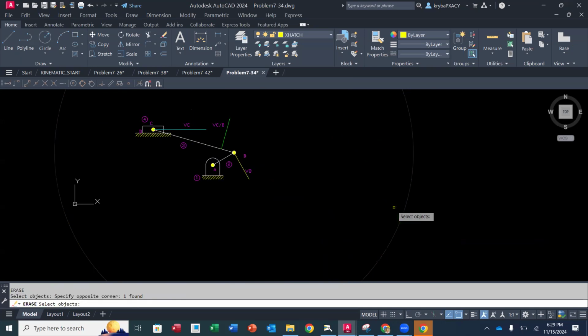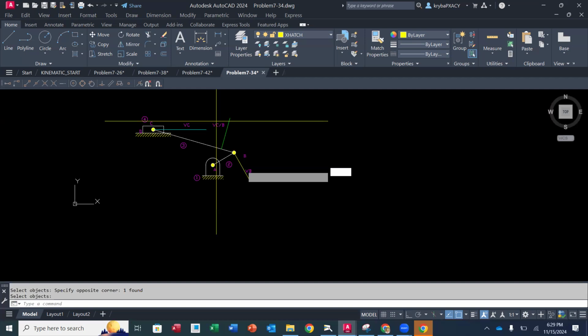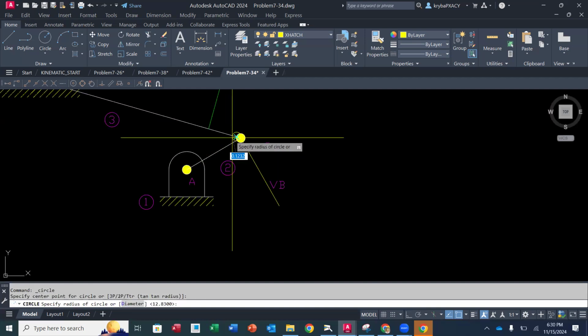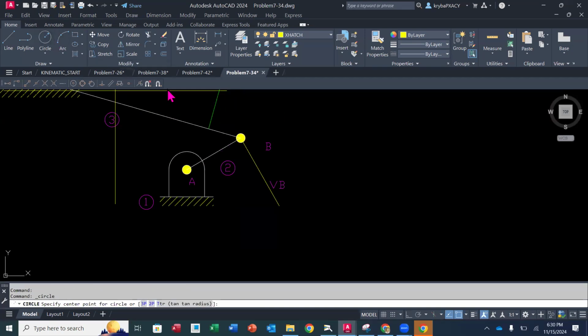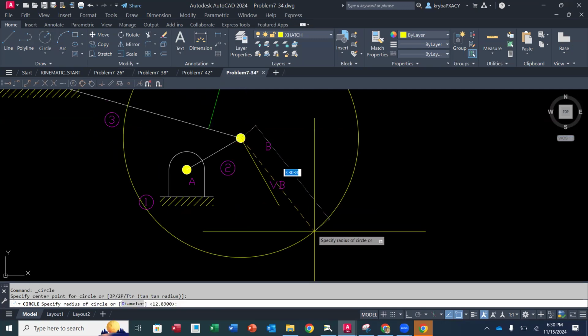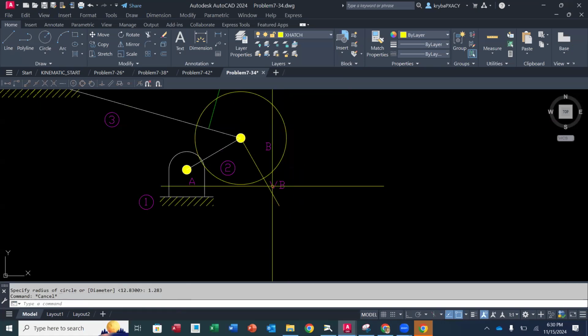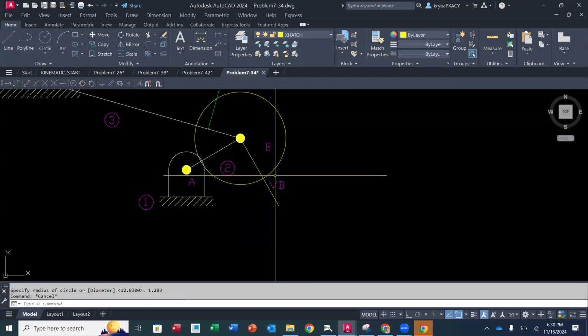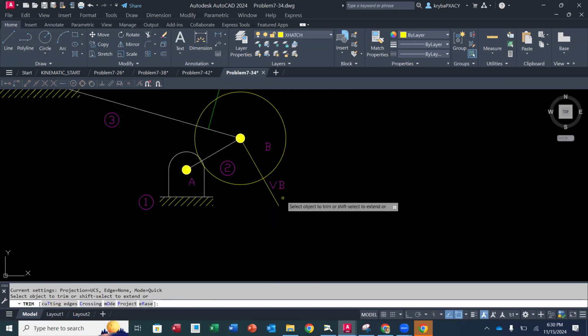I think I'm going to move it a decimal place now that I see that. Let's see. Here, we'll do 1.283. That looks a little bit easier to handle. So we'll trim this away.